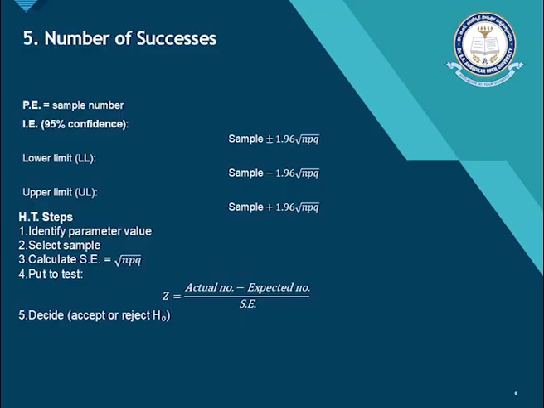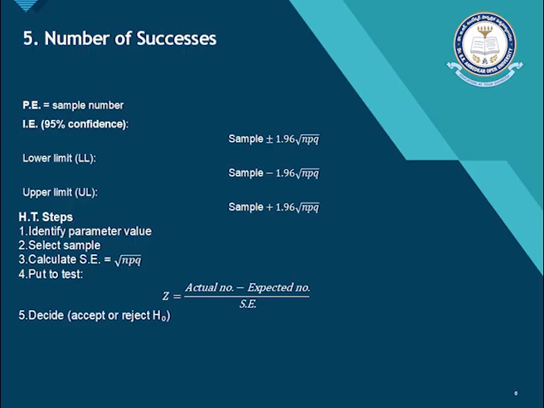Here the standard error formula is the square root of npq, where n is the sample size, p is the proportion, and q is 1 minus p. Calculate this, multiply with 1.96, then sample number plus this and sample number minus this will give you the range, and that is the interval estimate for the actual number of successes.